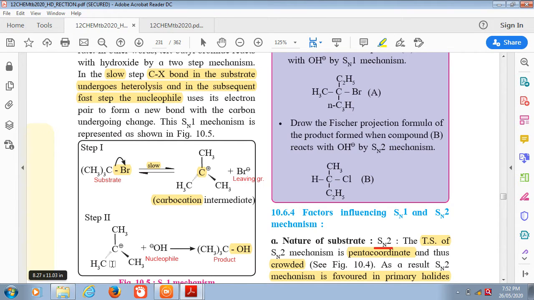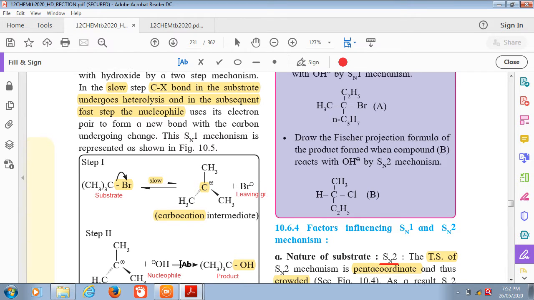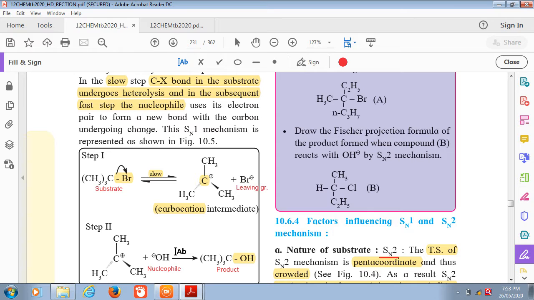In the next step, the attack of the nucleophile on the carbocation produces the product, that is tertiary butyl alcohol.